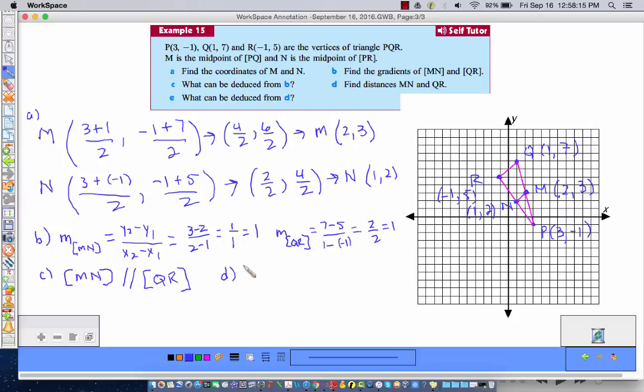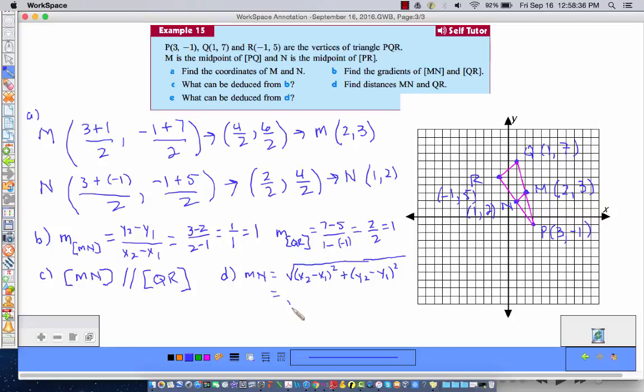So let's see, the distance between M and N is going to be equal to the square root of x2 minus x1 squared. This is the distance formula, plus y2 minus y1, the quantity squared. Okay, so I look to MN, here they are.